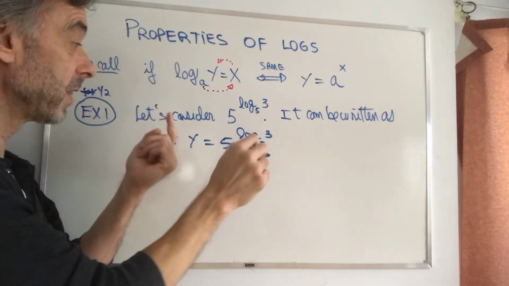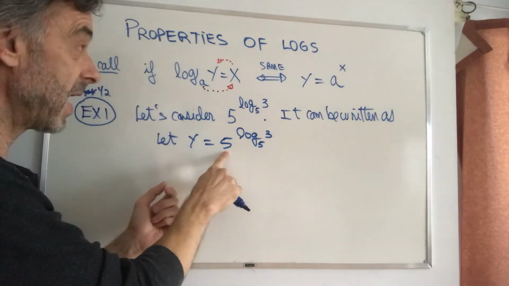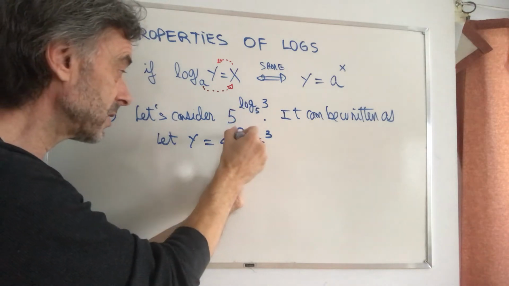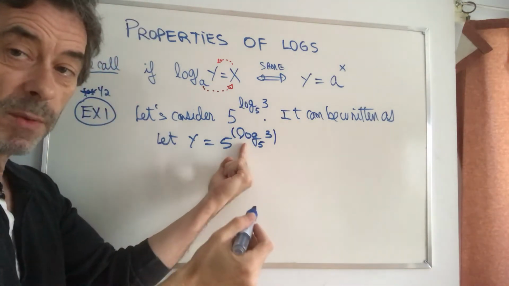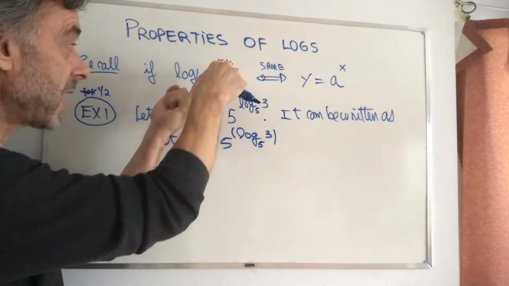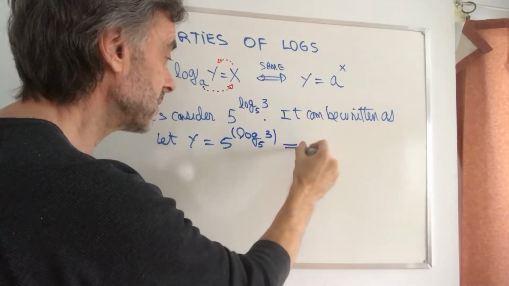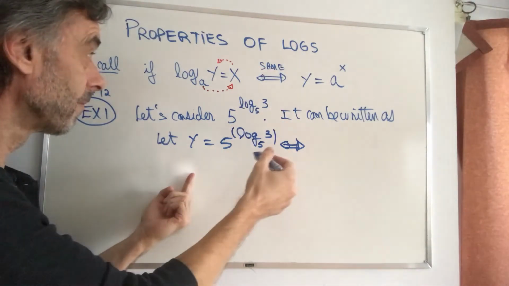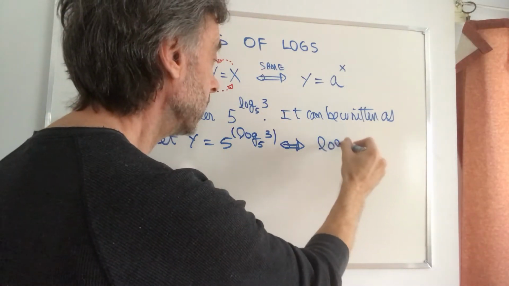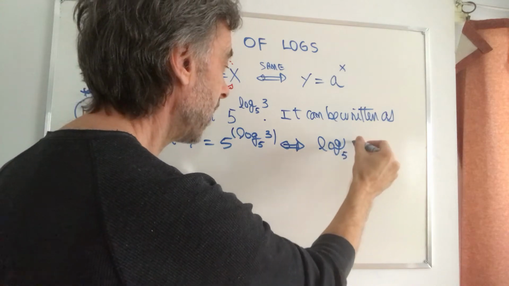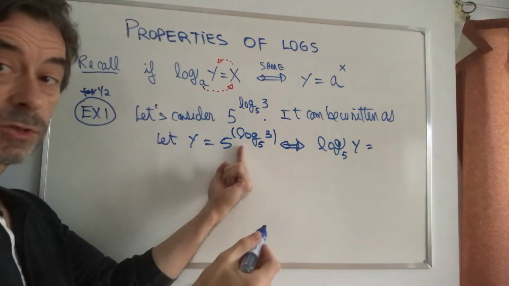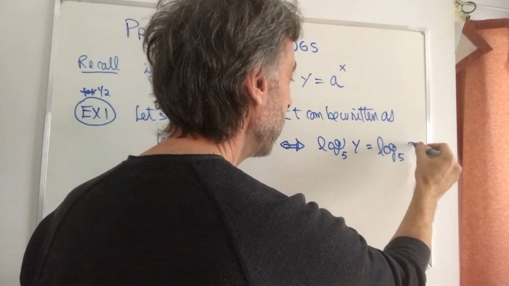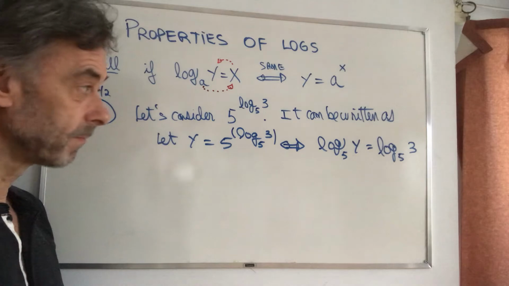Remember that a is 5 and x, the exponent, is this entire thing. This is my x. You following this? Okay, so I'm going to write this as that, meaning that this is the same as what? Can we turn it? Log to the base 5 of y is equal to my exponent x, log to the base 5 of 3. Yeah?